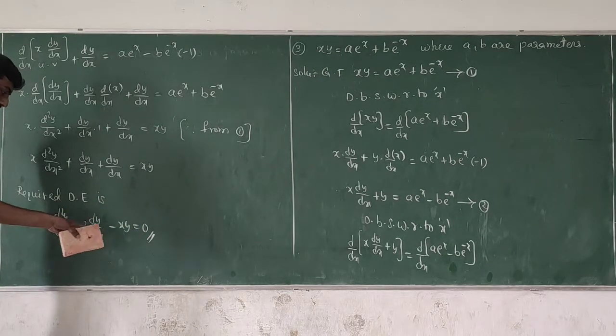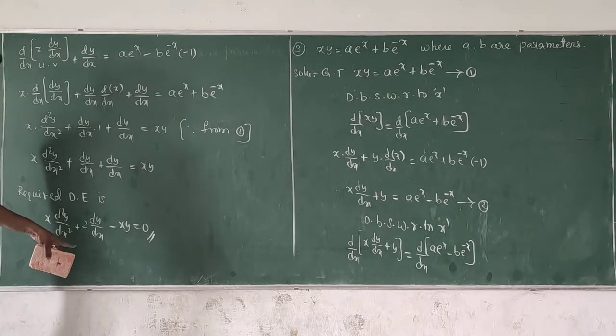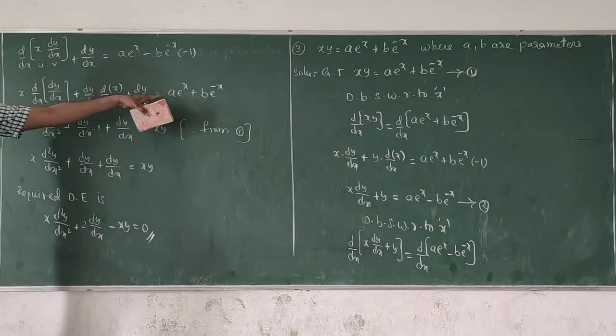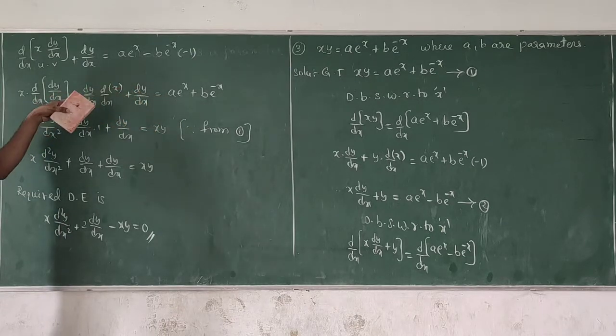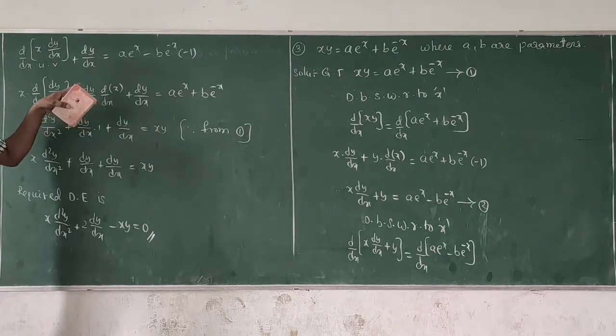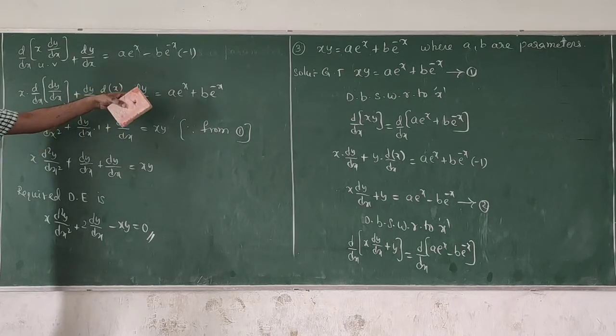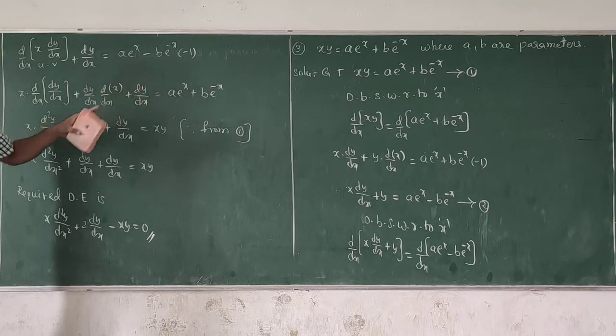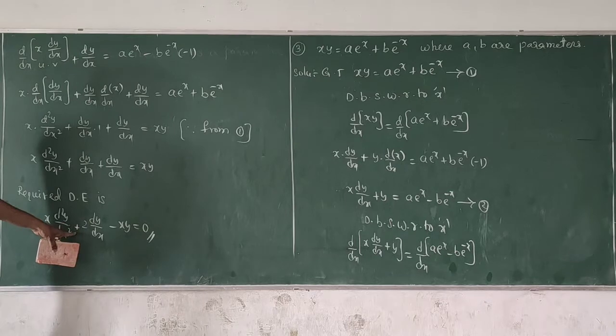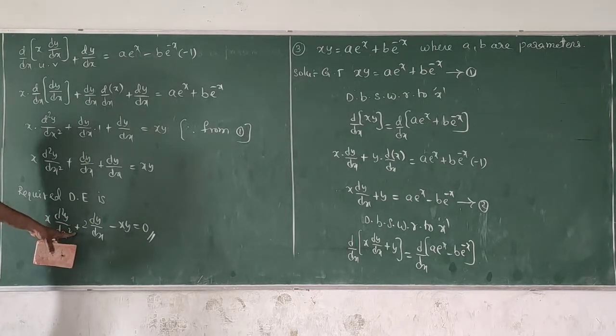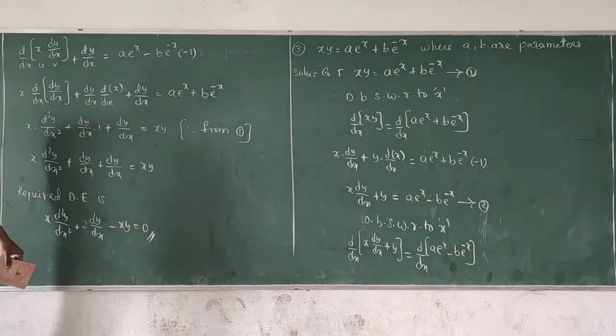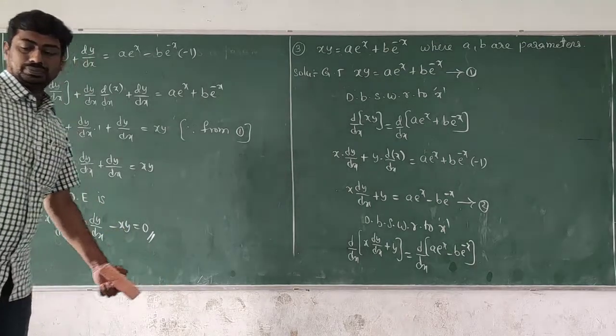In the final equation, can we have the parameters? No. Then only that is the differential equation. If we have the parameters, then that is not the differential equation. Whenever we delete the parameters from the equation, then only we get the solution. Can you say what is the order of this differential equation? Good, 2. Degree? Well, right.